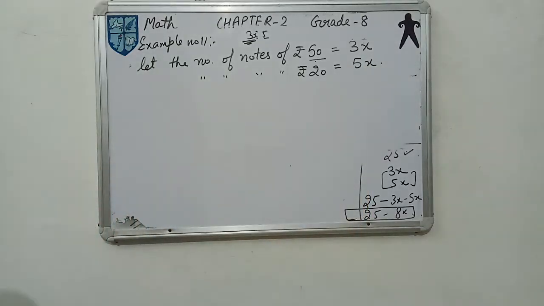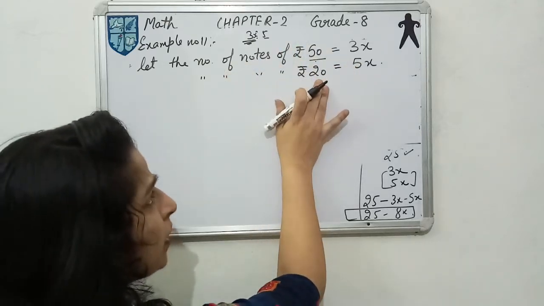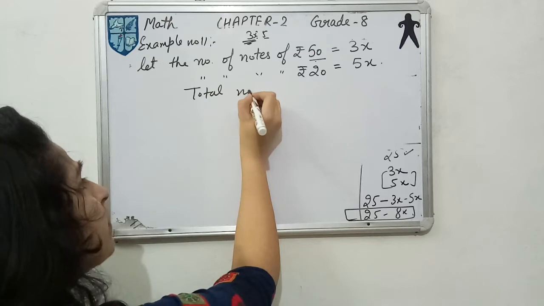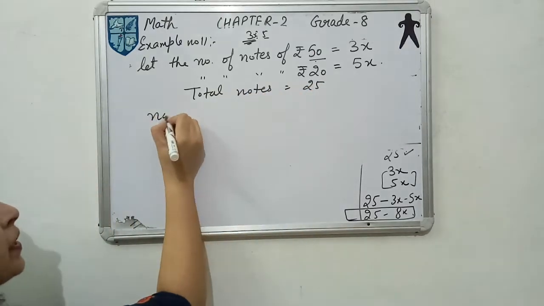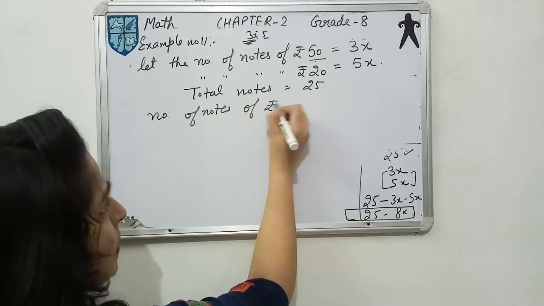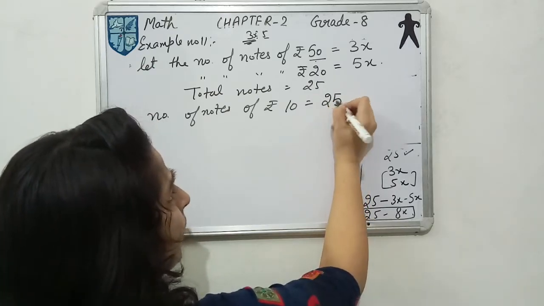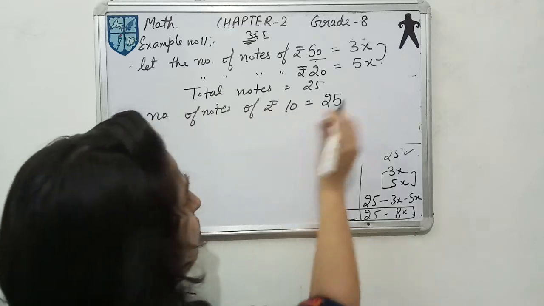After letting it, now we have the number of notes of rupees 50 and rupees 20. Total notes we know, it's already given: total notes are 25. So the number of notes of rupees 10 is equal to, we will subtract these two numbers of notes from 25.